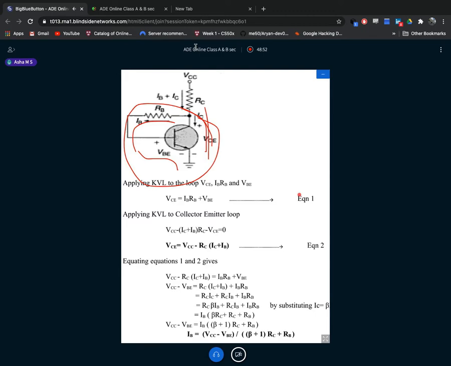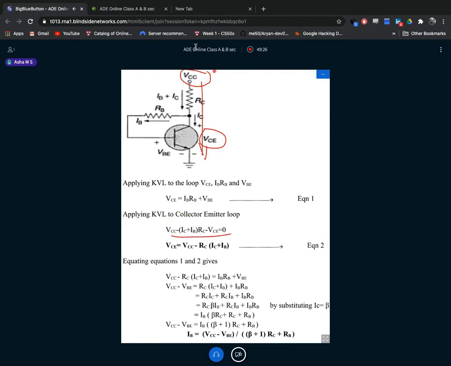Next, we apply KVL to the second loop, the collector emitter loop. This straight loop has VCC, ICRC and VCE.